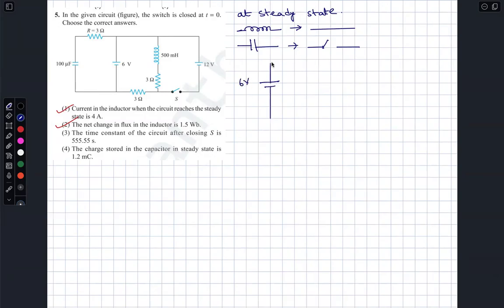You have 6 volt. You have a conductor. You have a resistor 3 ohm. You have another resistor 3 ohm.